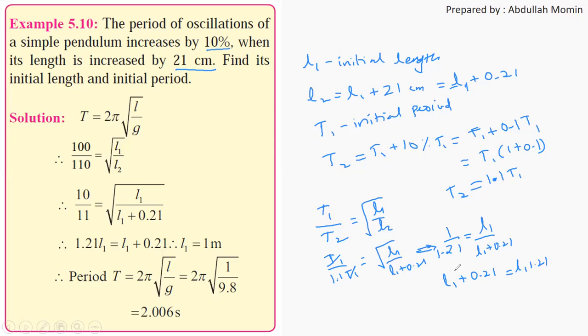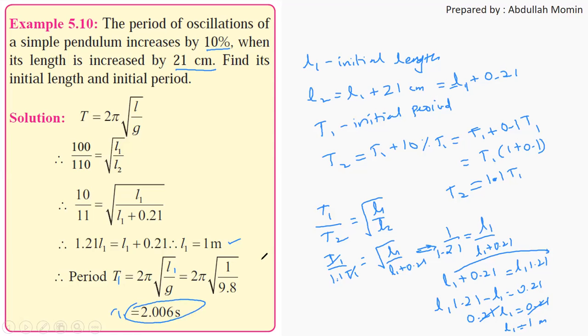When L1 goes to the other side of the equal sign, we get 1.21 L1 minus L1 is equal to 0.21, that is 0.21 L1 is equal to 0.21. So we will get L1 as 1 meter. When you put this in the equation, you will get T1 as 2.006 second.